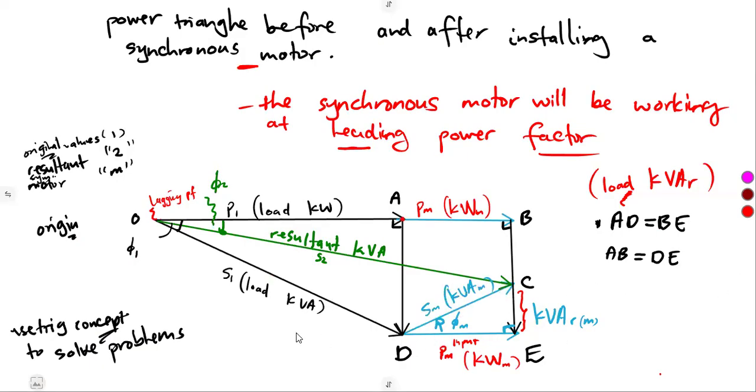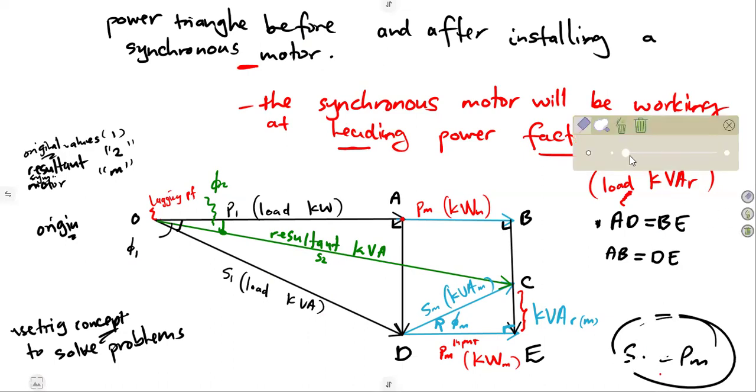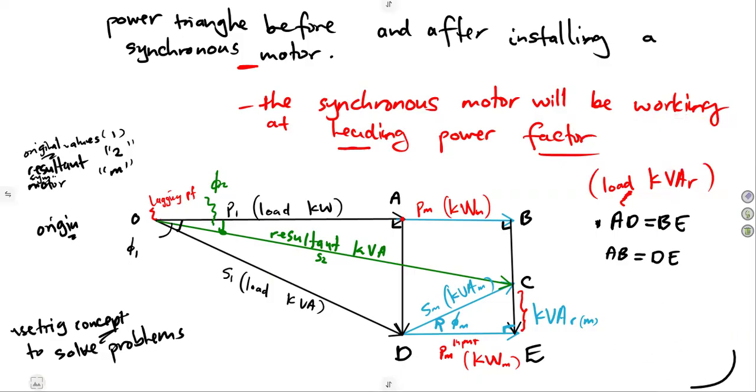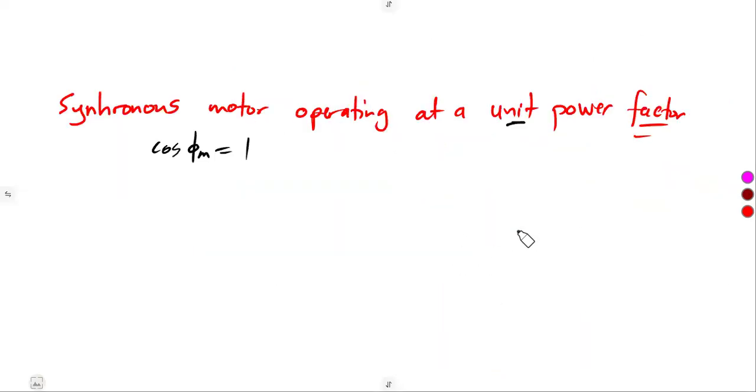It is at 0. SM will be equal to PM. When SM is equal to PM, you know that you are operating at a unity power factor. That is the condition when these two are equal. So SM won't be there separately; it lies where PM is. That is the only part that we are going to see there.